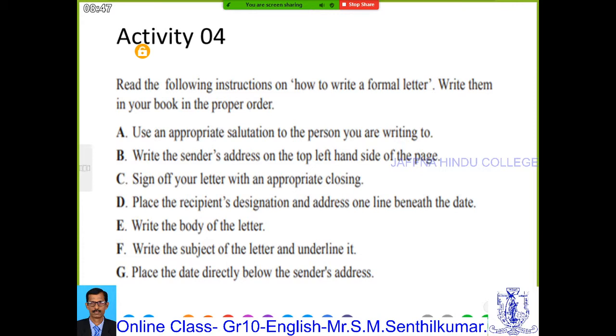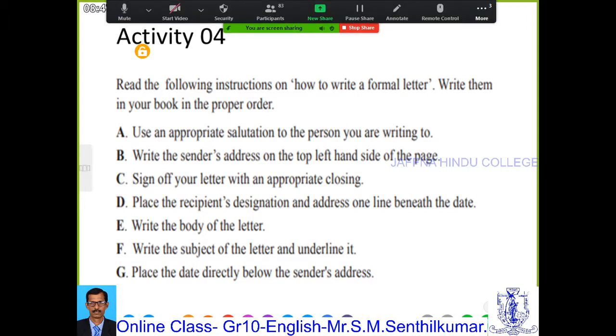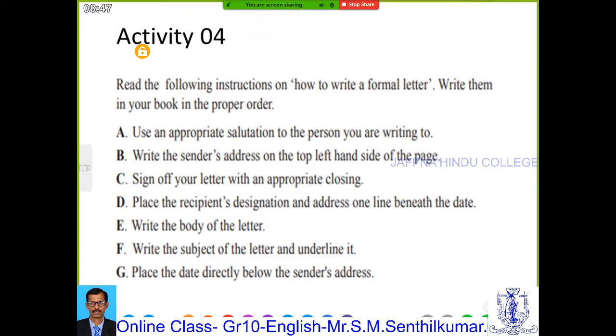Write the sender's address on the top left-hand side of the page. B is the first one. What is the second one? Place the recipient's designation and address. Designation means their title, job title.